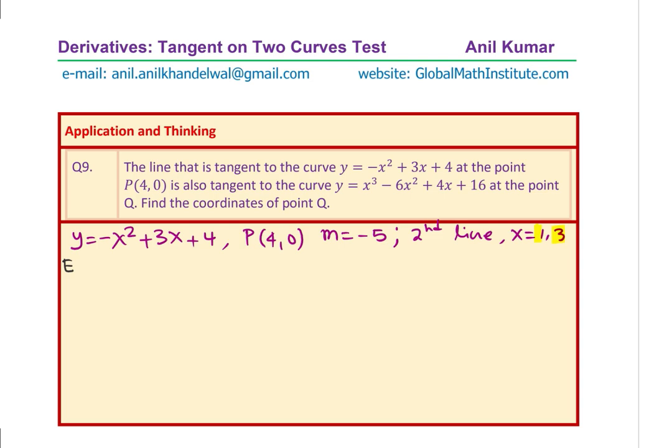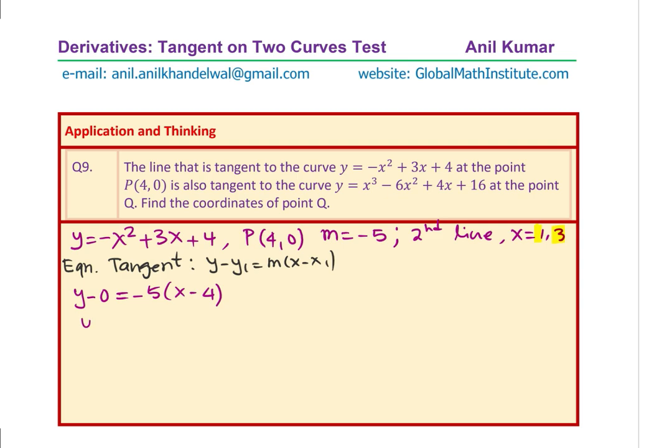So let the equation of tangent be what? We can use y minus y1 equals m times x minus x1. Slope is known to us, so we can write this as y minus 0 equals minus 5 times x minus 4.